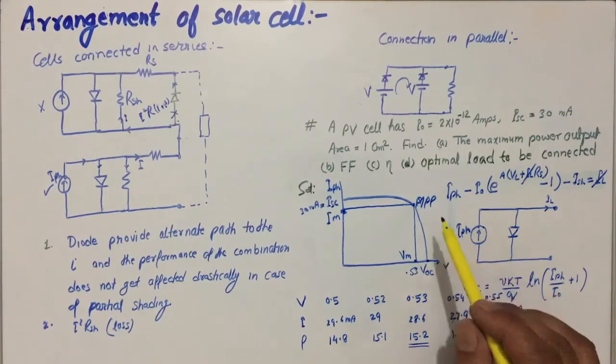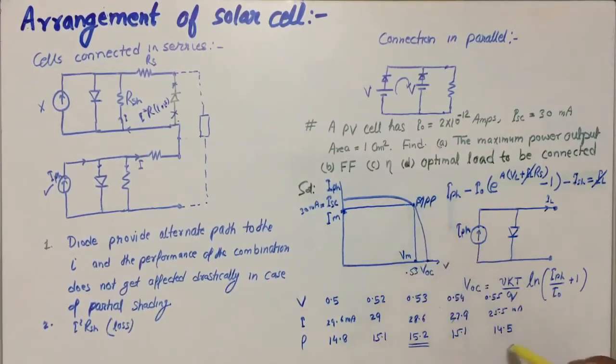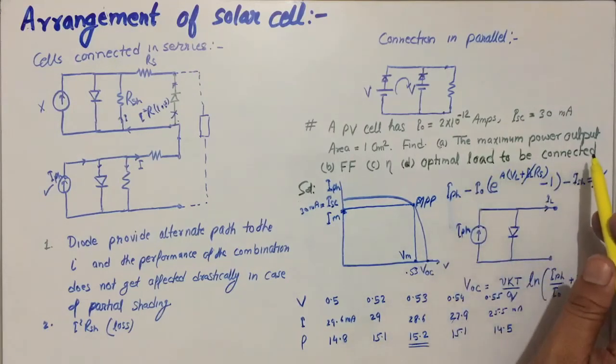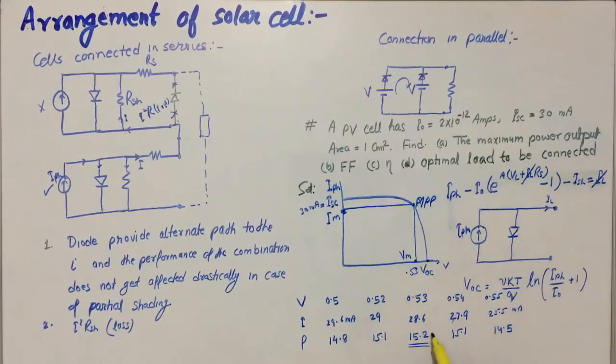Okay, so from this cell we can have these parameters. Now, the first thing we want to find is the maximum output power, which is this. This may be a little bit different.